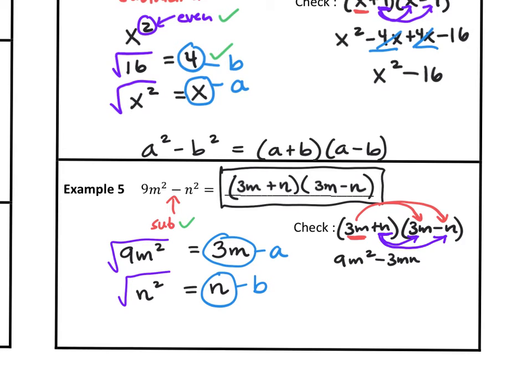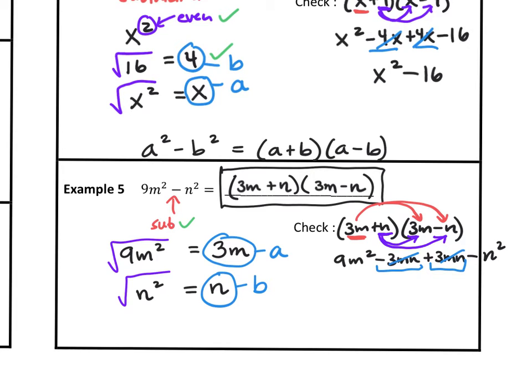So that's going to give me plus 3mn minus, what's n times n? N squared. Now, what's going to happen with these two? You should see that they're going to cancel.